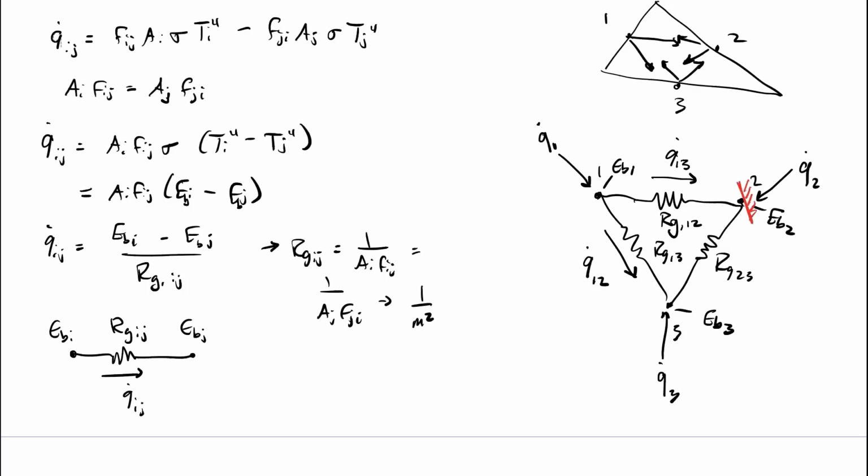I could write a rate equation that goes from 1 to 3, but I'd have to include Q̇1,2, and I'd also have to include heat flow that goes around the corner here. So I go all the way from 1 to 3 via that whole network, and I have to include both those space resistances in my network when I'm writing it.